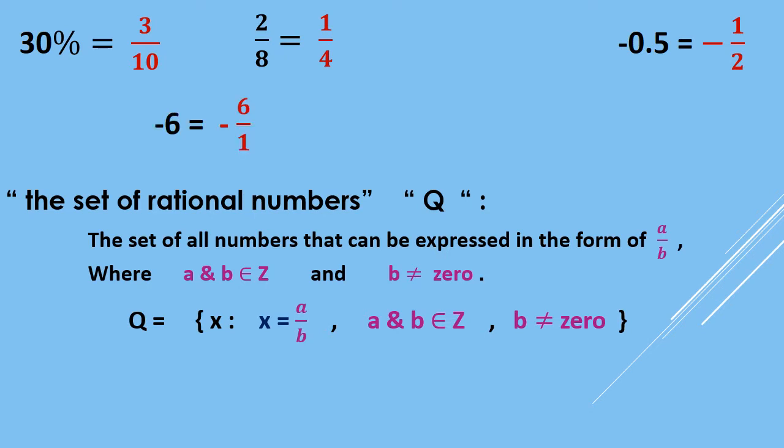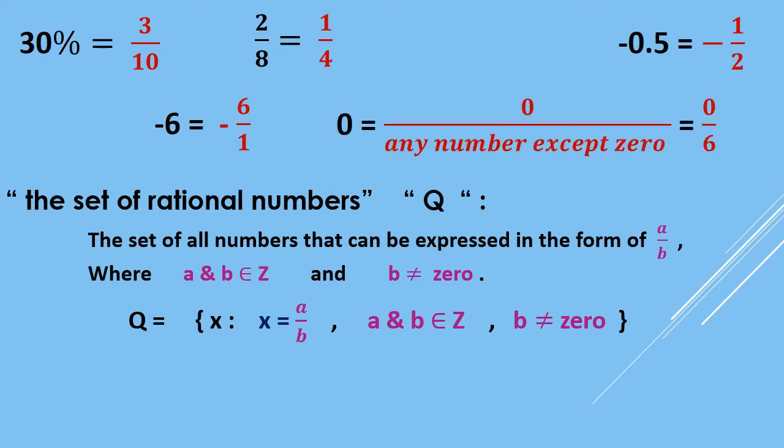And if you have an integer number like negative 6, we can write it as negative 6 over 1, a rational number. 0 equals 0 divided by any number except 0. For example, you can put 0 in the form of 0 over 6 or 0 over any number except 0.